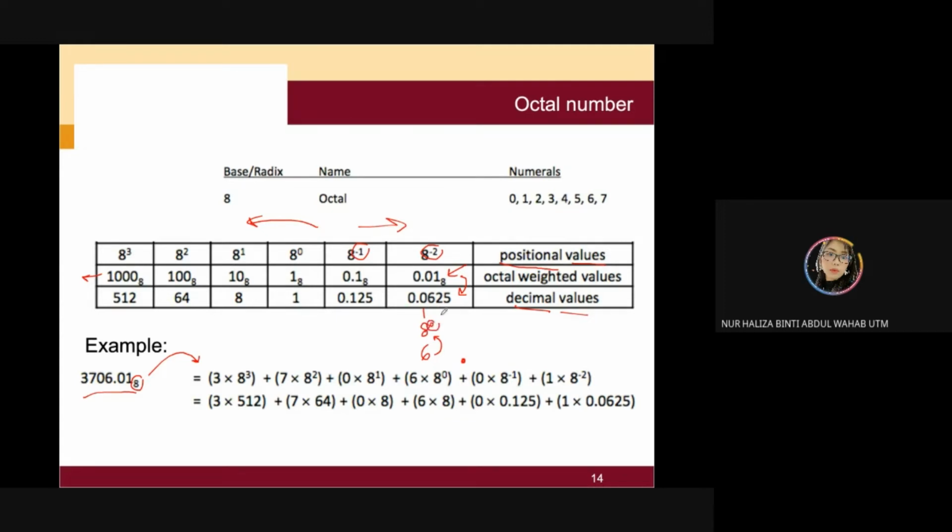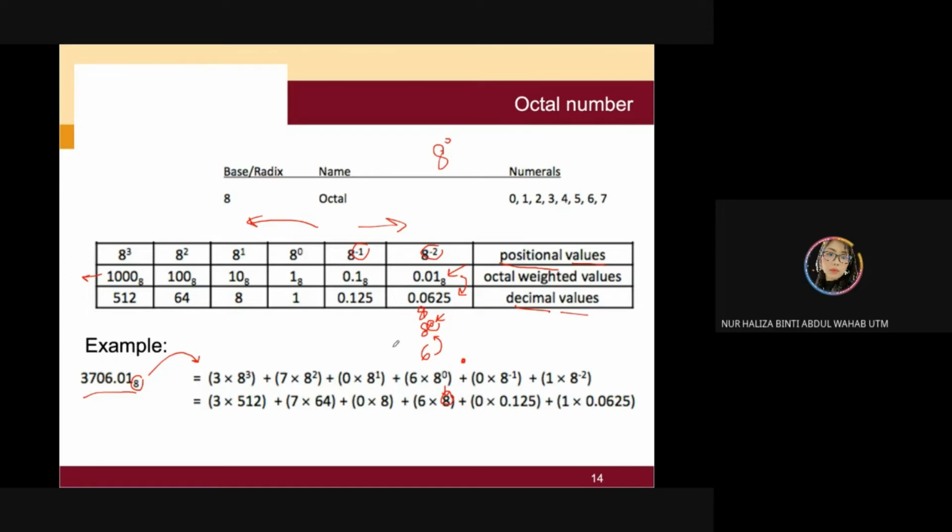I forgot already. I already gave wrong info. Anyone? 8 to the power of 0 is 1 or 8? Whatever number, 1. 1, right? Okay, it's okay. Forget about this first.